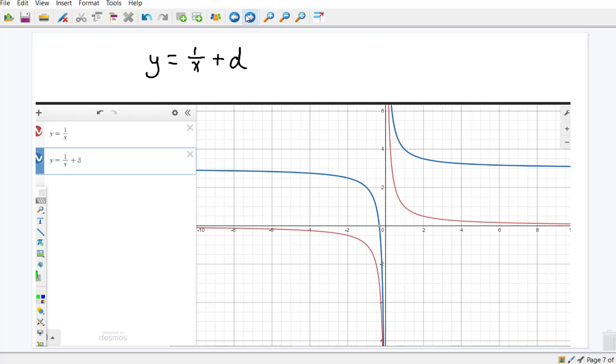So let's look at the next thing. This time we're adding something to the entire function. On this one, it's like we took the graph and moved it up. And our asymptote, yellow doesn't show very well. Let me choose a different color.